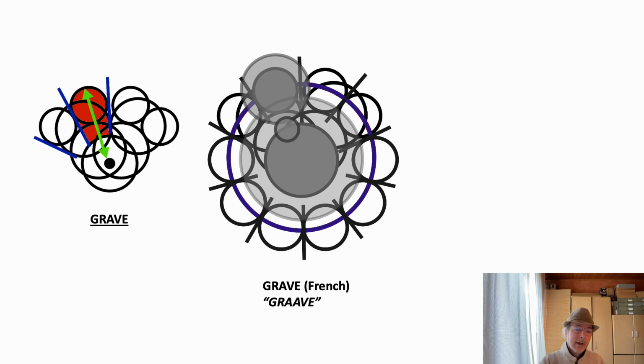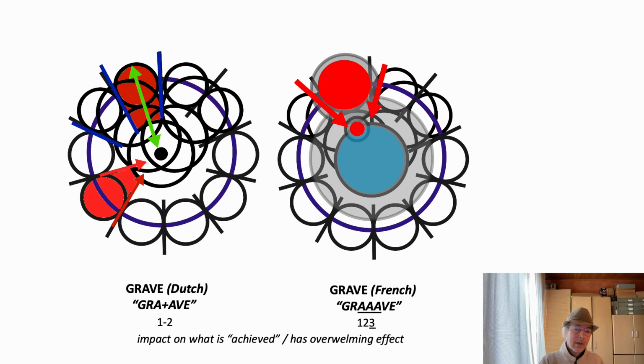It's clear that we have an effect that we can sense more profoundly, the effect which results in the end. So from outside towards the inside, there's a certain effect which is pronounced. That's for the French word grave.